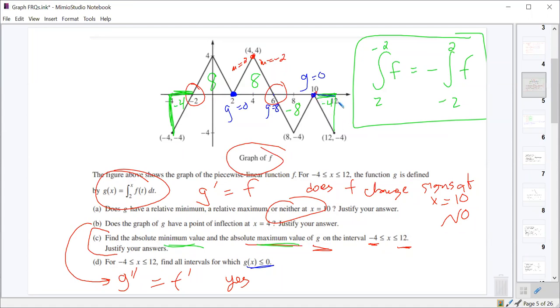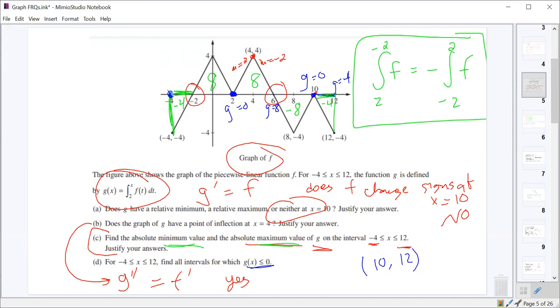Then from 10 to 12, now g equals -4, and that whole time it was getting negative. So we know that it's negative from 10 to 12. And then what about on this side? We know that it was 0 here. We could start at -4. What was it at -4? G equals -4.